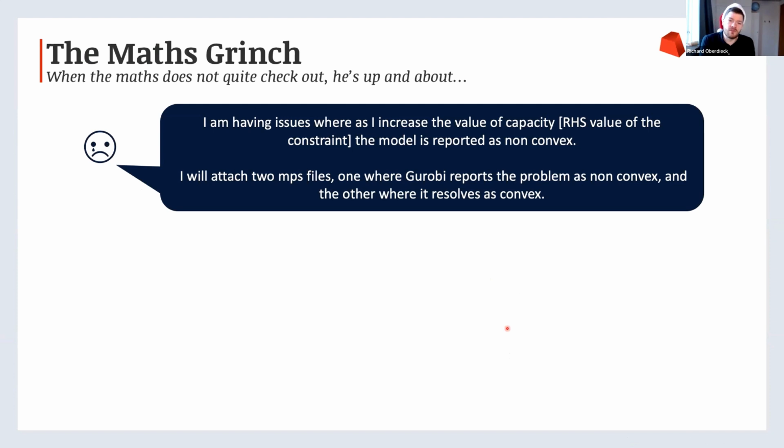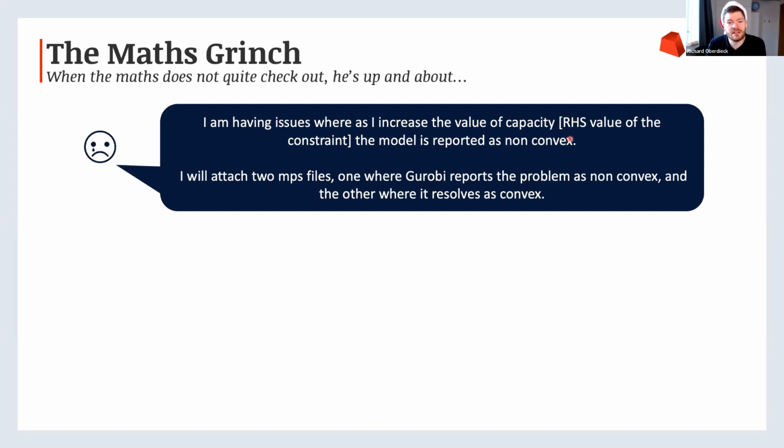This was an almost verbatim support request that we got a few months ago, where a desperate customer emails us and says, I'm having issues where, as I increase the value of capacity, the model is reported as non-convex. This is some sort of production problem where you have a capacity, the right-hand side value of the constraint, so less or equal than a number, and that number is increased.